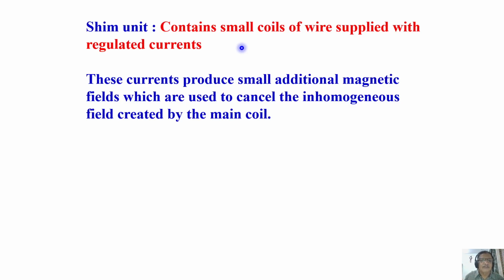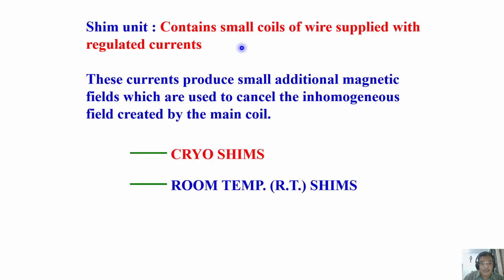So these are the advantages. We have a shim unit, we can correct the magnetic field. This shim correction of magnetic field inhomogeneity can be done with both cryo shims and room temperature shims. When you have inserted the superconducting material in the liquid helium chamber and you are passing the current, at that time also we have to homogenize.